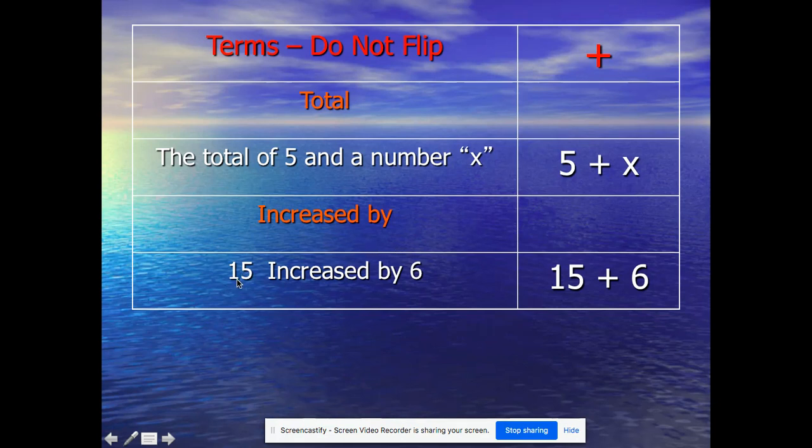Likewise with increased by, the 15 was first and the 6 was second in the verbal expression, so the 15 comes first and the 6 is second in the mathematical expression. Again, the 15 plus 6, from our notes from the other day, is a numerical expression because it just has numbers. The 5 plus x is a variable expression because it has the variable x.